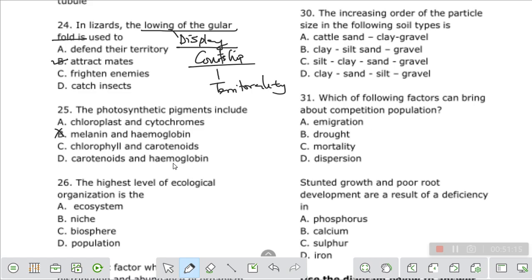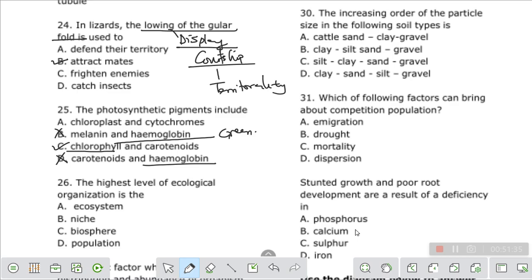Carotene is also a crucial accessory pigment in plants, and it's also in algae. It helps to capture light energy from the sun and transfer it to the chlorophyll. So carotene is helping chlorophyll out. Right? So it's also a pigment.